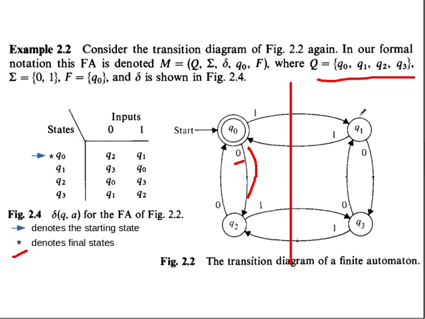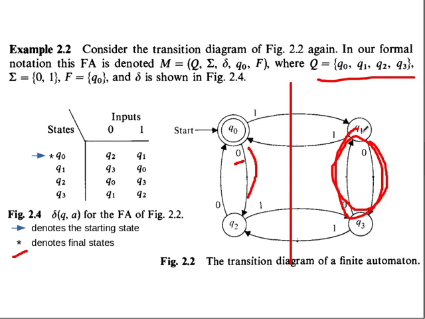Then it can see an arbitrary number of zeros, which it processes with this loop. After coming here, if it sees an even number of zeros, it will come back here.